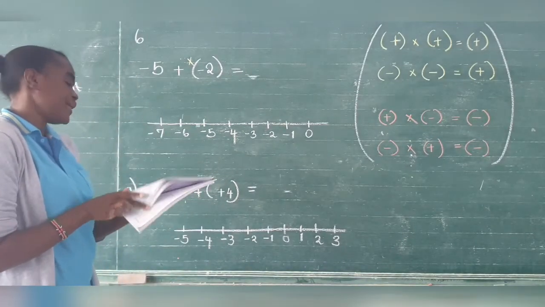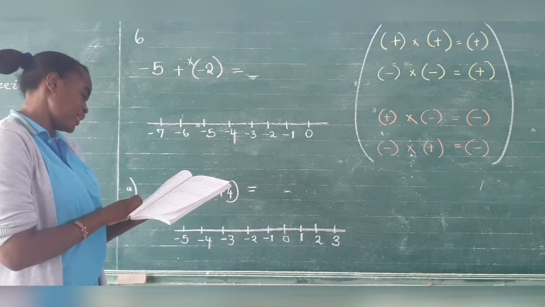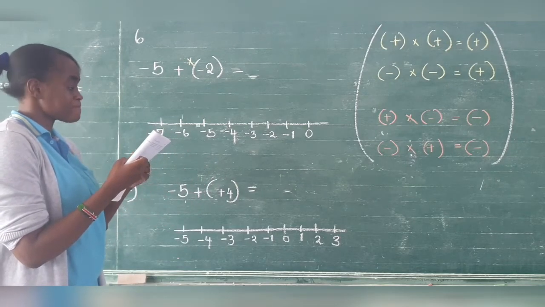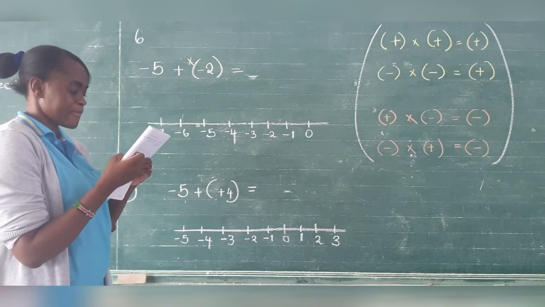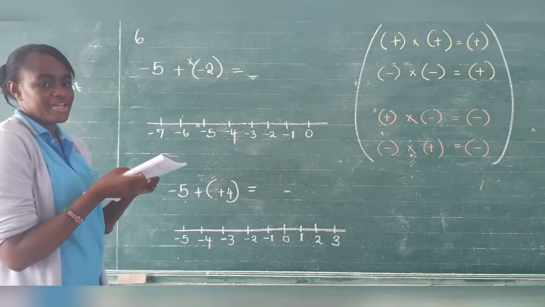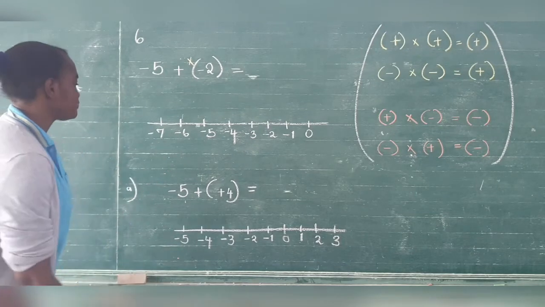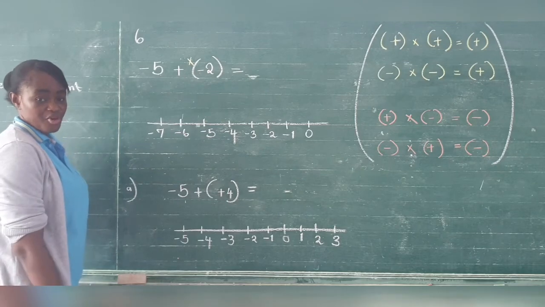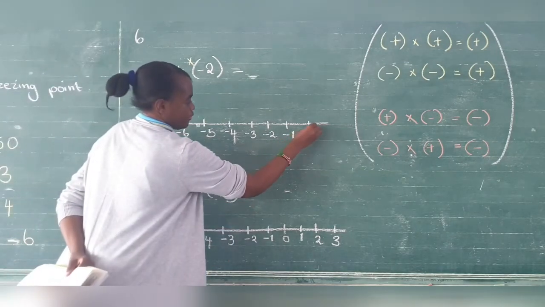So number 1, example 1 on page 6. Are you ready? Good. We have negative 5. So we are going to start from 0 here.